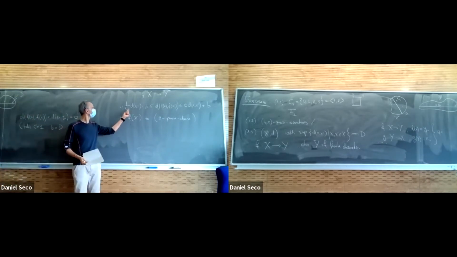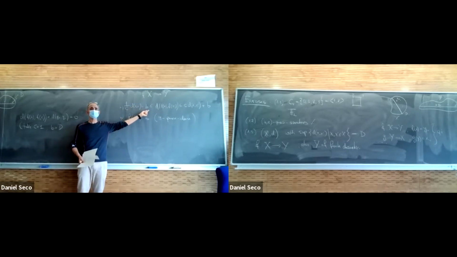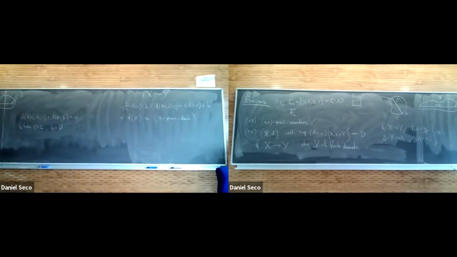And so the distance between x and x prime is smaller or equal to something, and that's a trivial inequality. Okay, and the other way around again. So this is condition A, it's trivial, and the other condition is also trivial.